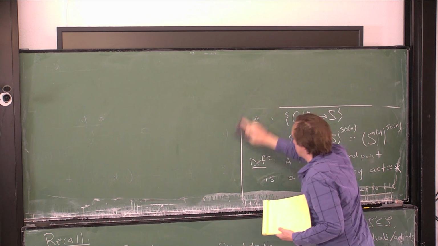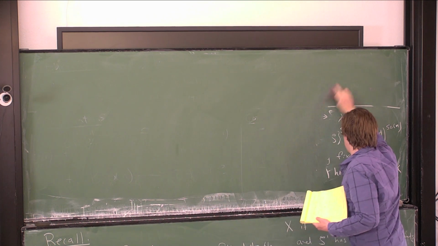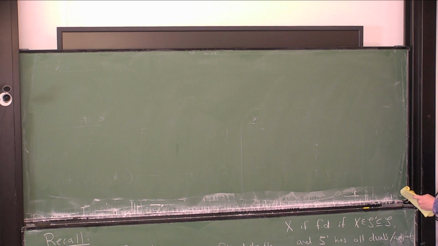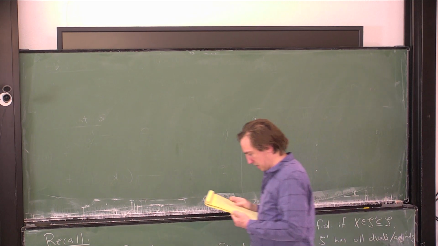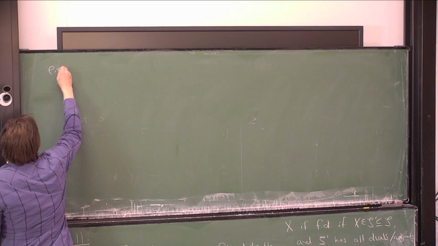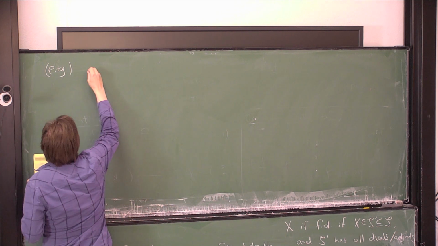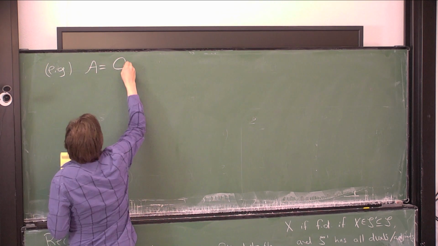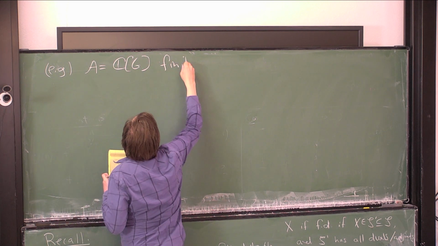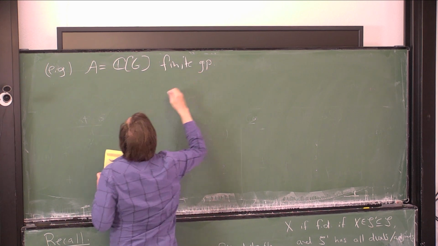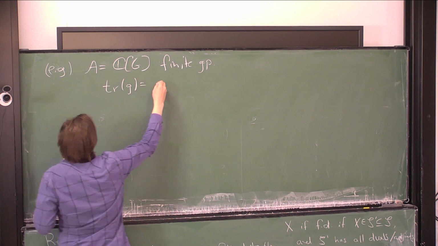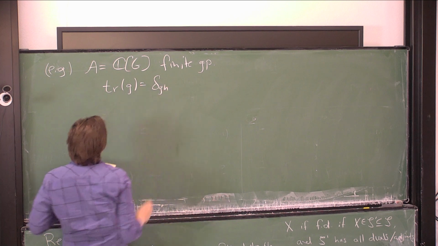That's okay. It's worth doing this example slowly because everything else that follows will be built on this. Let me just say an example that is of relevance here. So we can take A to be the group algebra of some finite group. And that has a Frobenius structure where the trace of G is just delta GH.